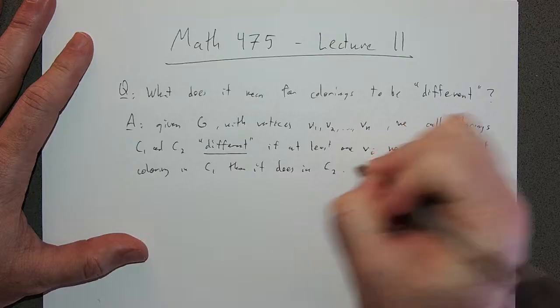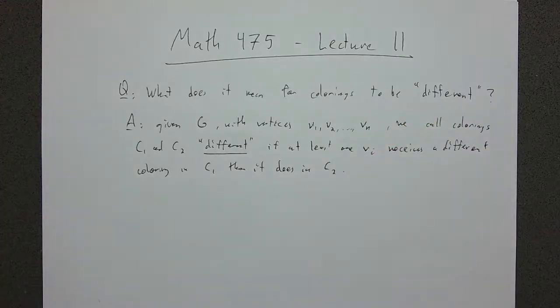It seems like an obvious definition if we are thinking of C1 and C2 as functions. What does it mean for two functions to be equal? If they're identical, they're the same function, it means they literally assign every single point to the same value. If they differ even at a single point, they're two distinct functions. Take your favorite function, maybe f of x equals x squared.